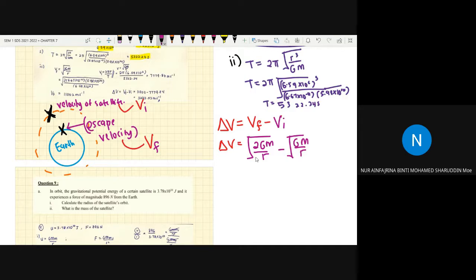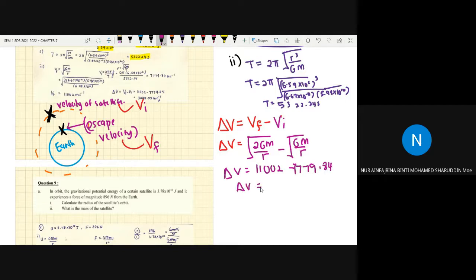Okay, now, when you put all the information in the formula, I think your final velocity is going to be 11002 minus 7779.84.